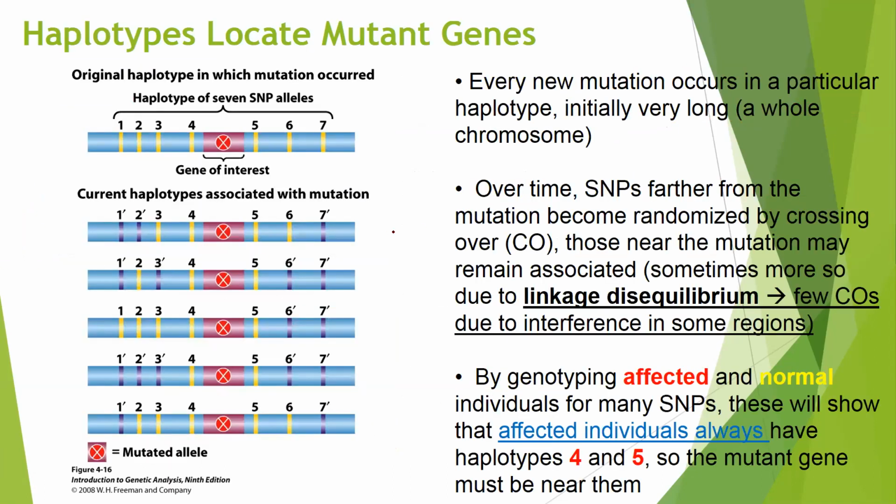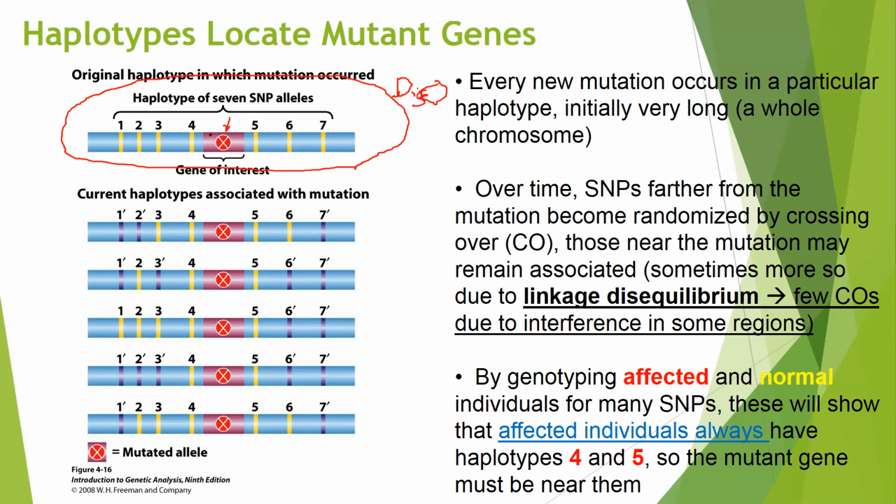All right. Let's look at how we can use the haplotype to help us identify unknown genes. Suppose we're talking about a disease. This is the initial individual. Many years ago, there was one individual, and a mutation occurred in this gene, and this gene caused the disorder.